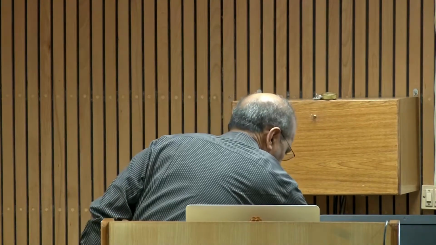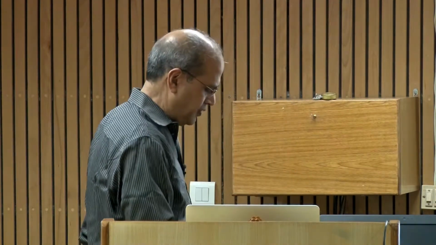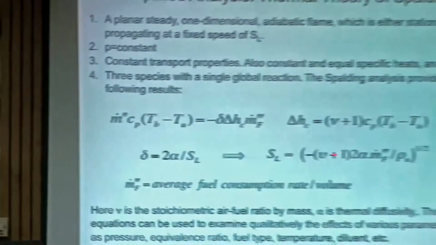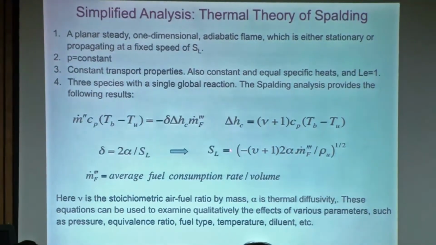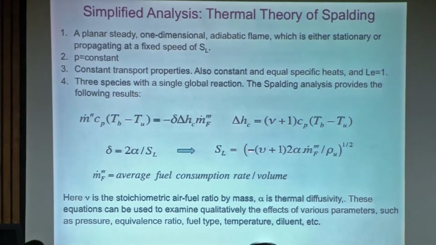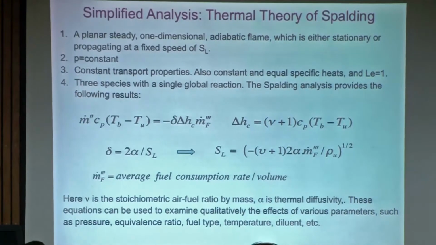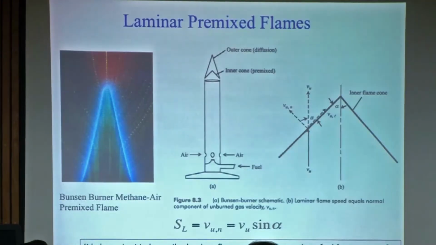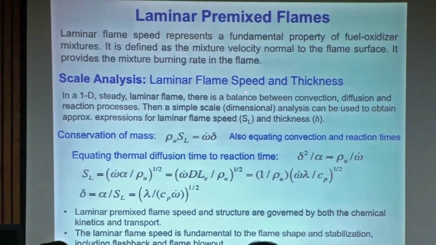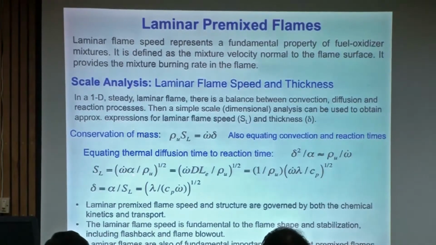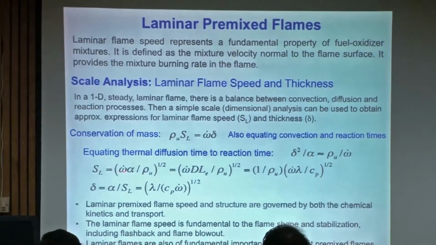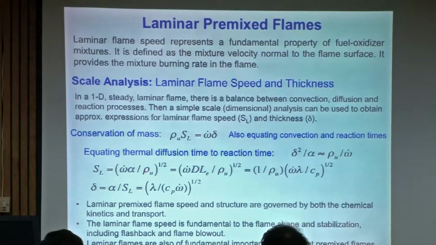But now let's compare the results. So now we get a flame speed, which includes the effect of fuel aeration. If we go back, this is an improved result over this. Here we just had omega dot, reaction rate, alpha divided by rho u.